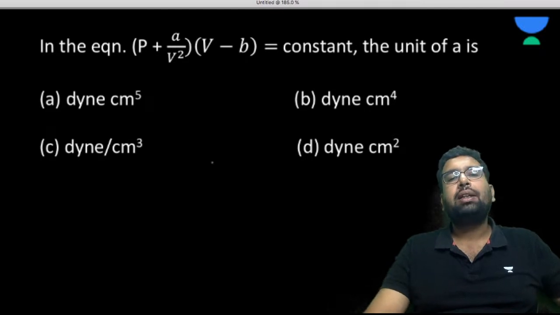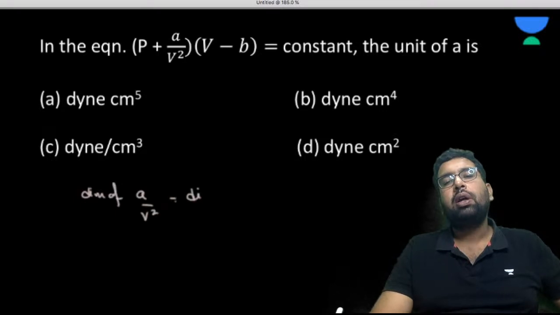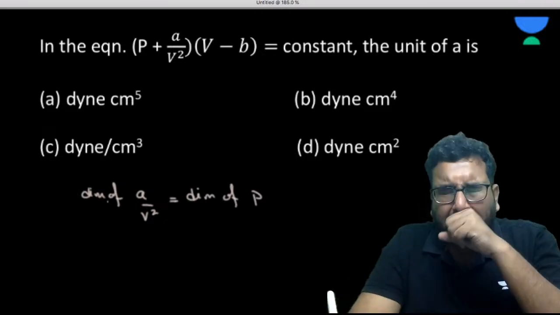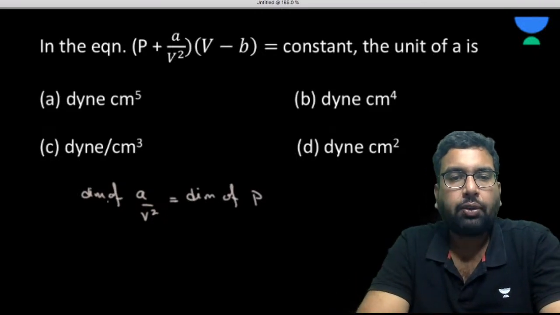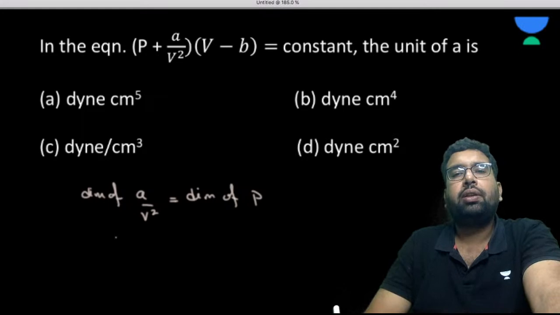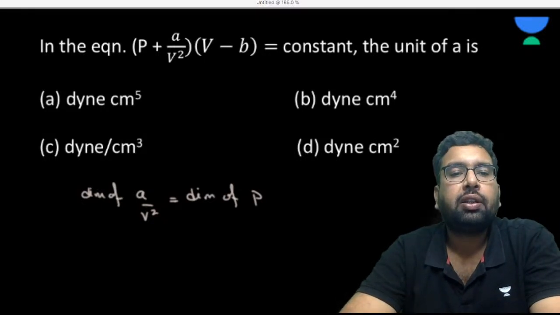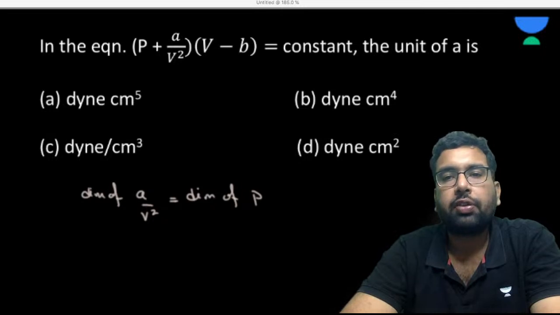So that means the dimension of A by V square has to be equal to the dimension of P. Now, what is this V? So here V is volume, right? Okay, so this is the Van der Waals equation, right?